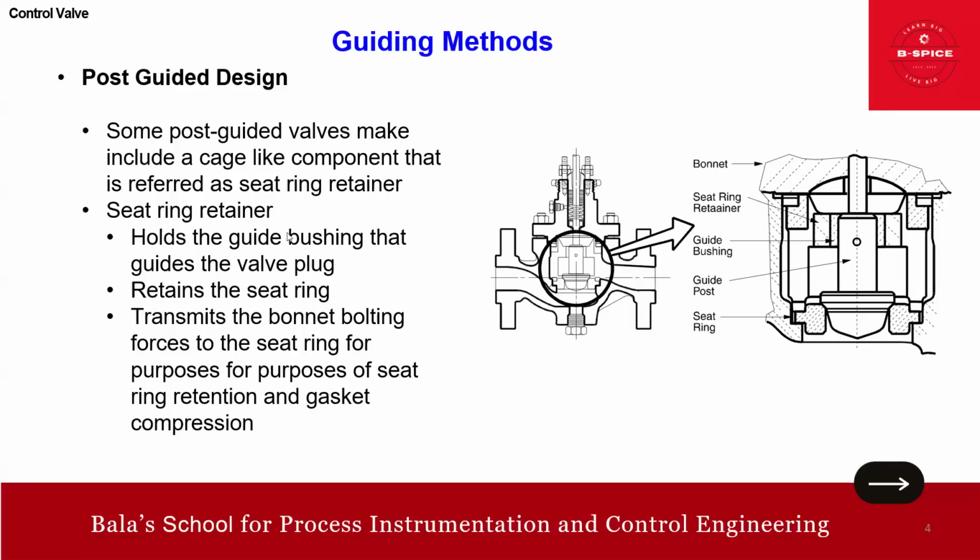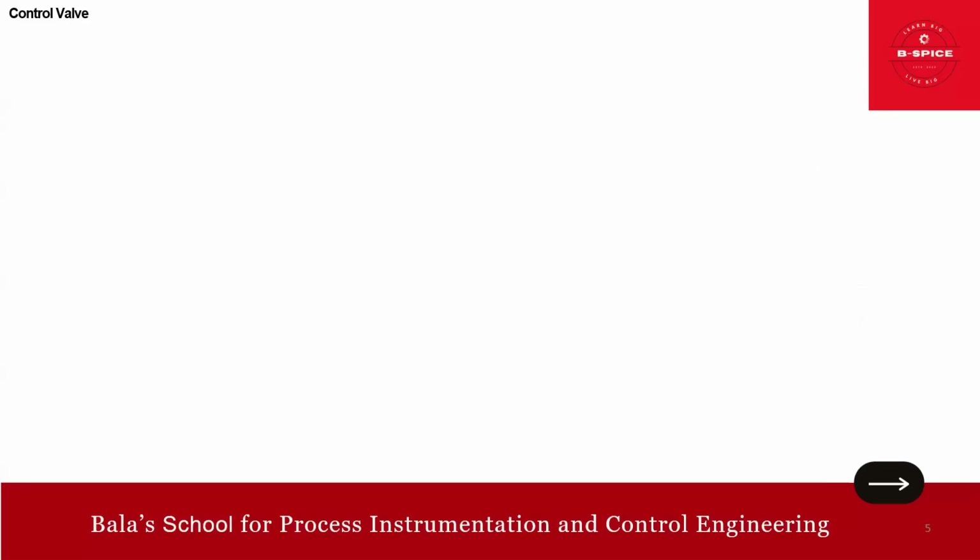It only holds the guide bushing, retains the seat ring and transmits the bonnet bolting force to the seat ring. That's it. So the point is this post-guided design is excellent for thick, erosive, sticky fluids. Just remember that.